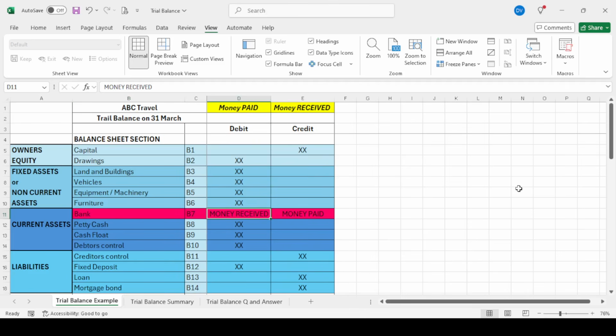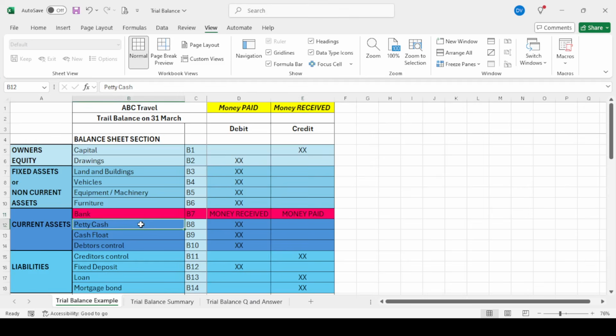The bank is the other way around; it's the only exception. And if the bank was in a negative, it's money that was paid. It goes on the credit side. There's no other way for you to know this other than to just learn it and repeat it until you remember it. Okay, bank.